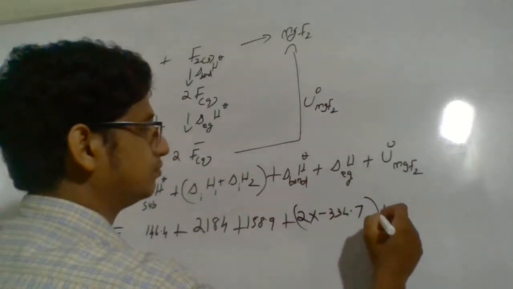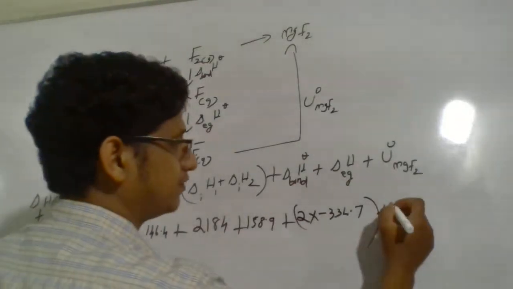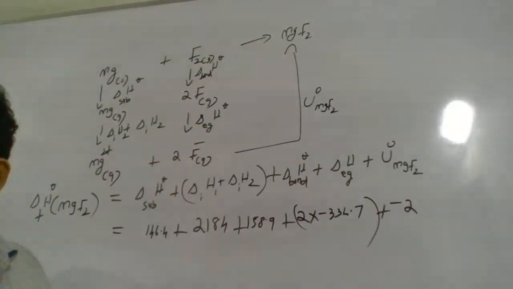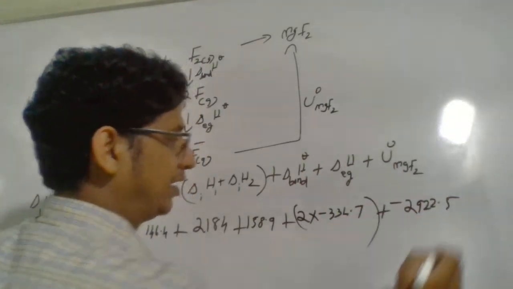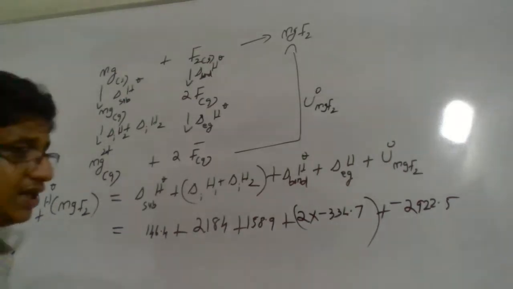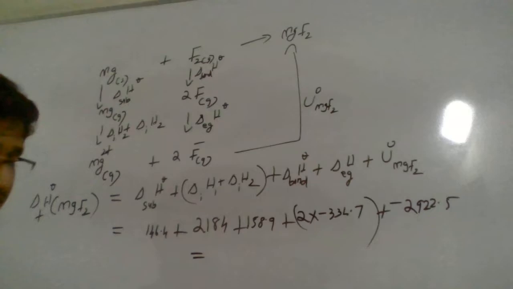Plus finally the lattice enthalpy of magnesium fluoride, which is equal to minus 2922.5.